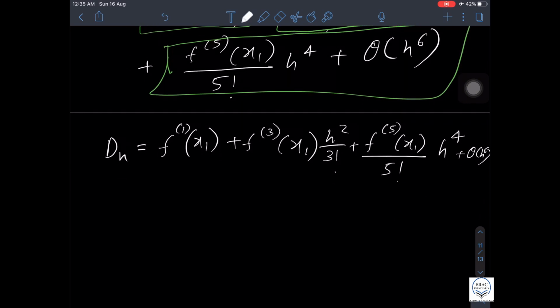Okay, but if you look at it closely, our h is our choice. We can make it to be 0.1, we can make it to be 0.01, or whatever we want, right?